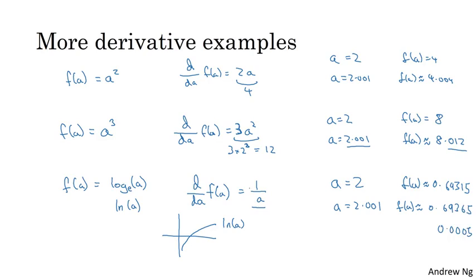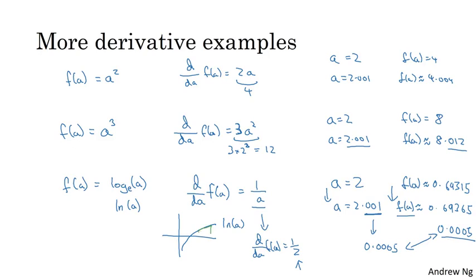And indeed, if you look at the formula for the derivative, when a is equal to 2, the derivative of f of a is equal to 1/2. So this derivative formula predicts that if you bump up a by 0.001, you would expect f of a to go up by only 1/2 as much, and 1/2 of 0.001 is 0.0005, which is exactly what we got. When a goes up by 0.001, going from a equals 2 to a equals 2.001, f of a goes up by half as much. So it ends up going up by approximately 0.0005.